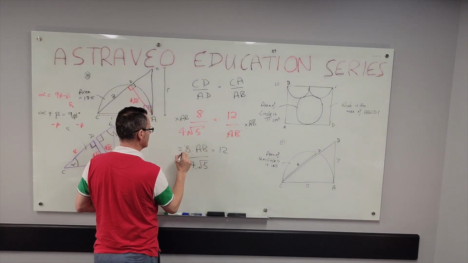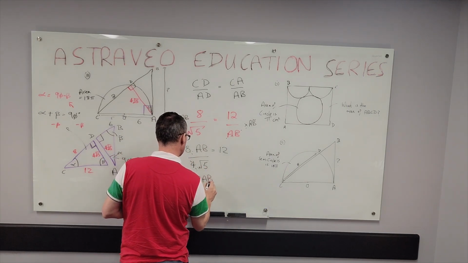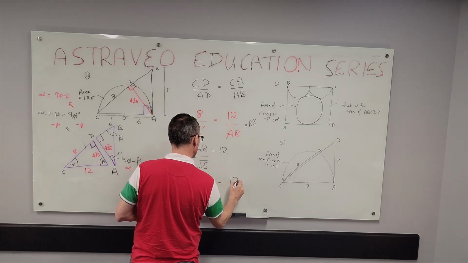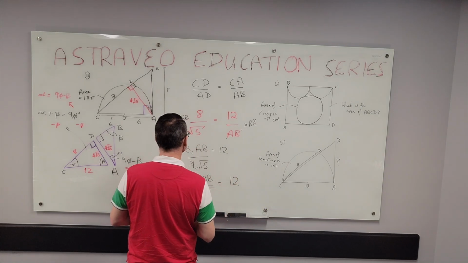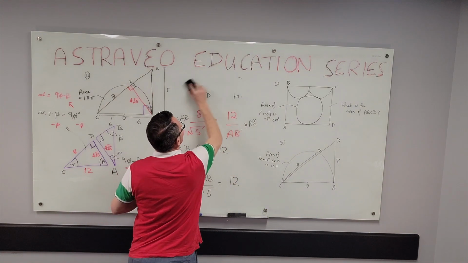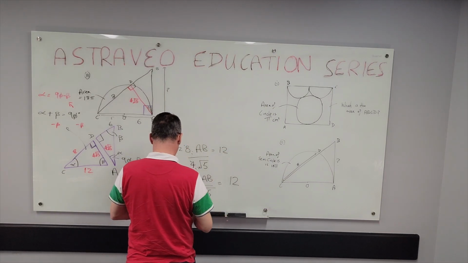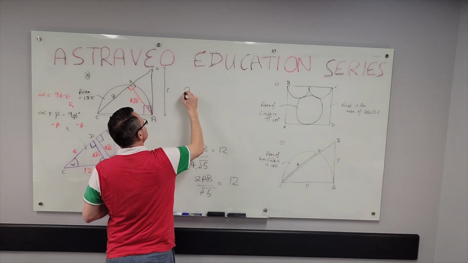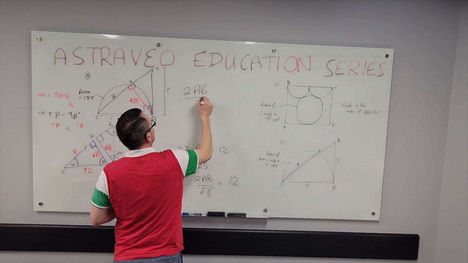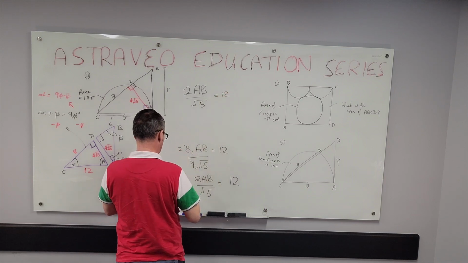There you go. So 2AB divided by the square root of 5 equals 12. Okay, give ourselves some space. 2AB over square root of 5 equals 12.